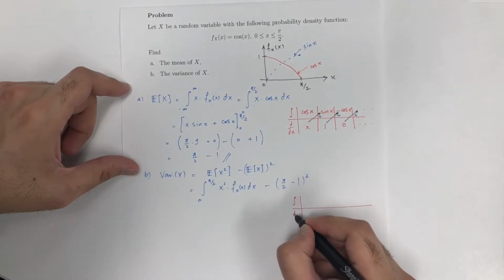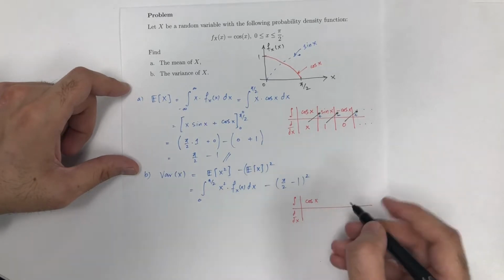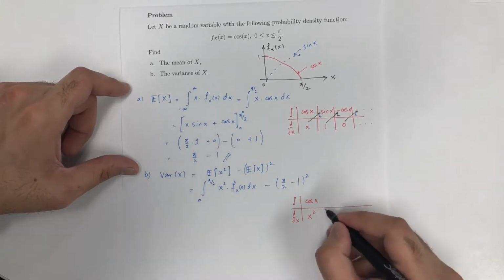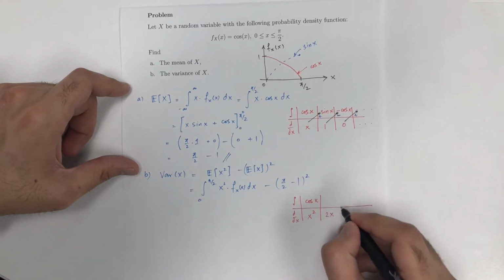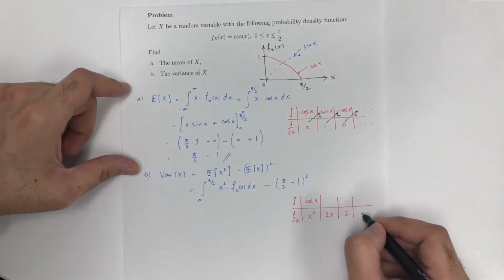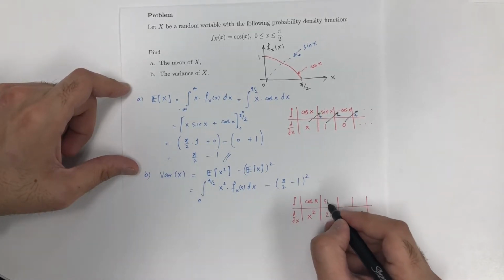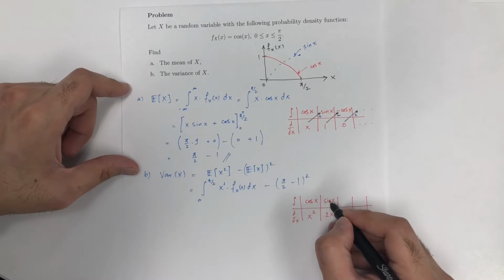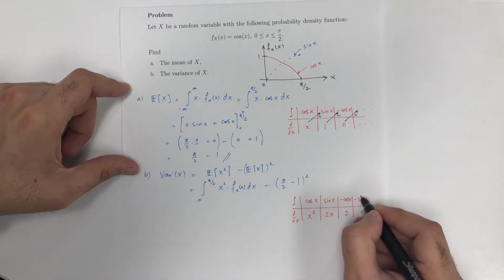Integrals on the top, derivatives on the bottom. Again, cosine x is a function that we will integrate, x squared is a function that we will differentiate. So derivatives of x squared are 2x, derivative of 2x is 2, derivative of 2 is 0, and that's it. So the integrals are sine x, then integral of sine x is minus cosine x, and then minus sine x.